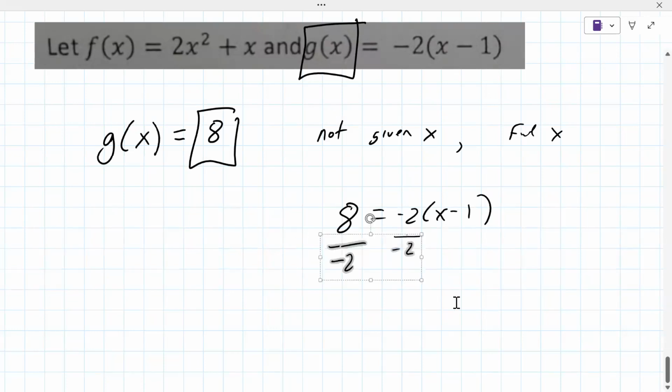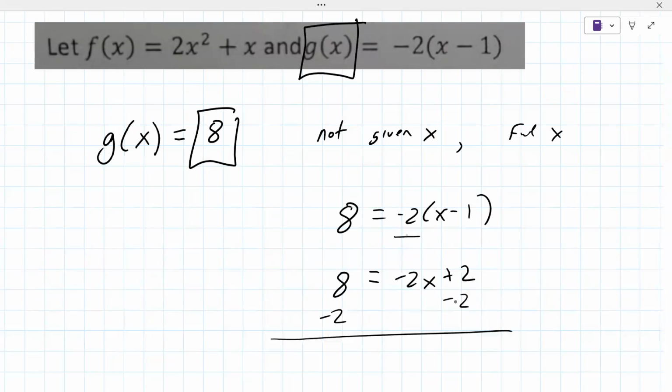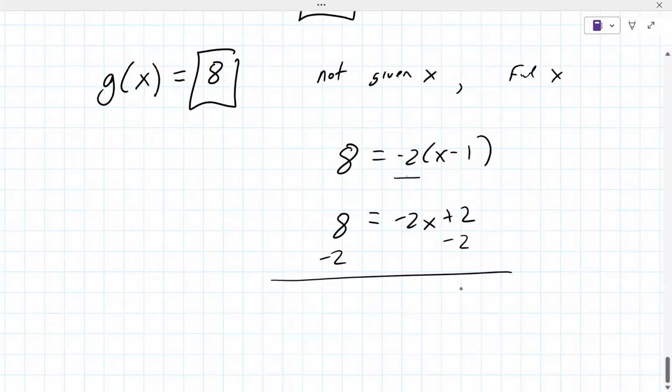Okay, let's do that then. So 8 equals -2x plus 2. Subtract 2 from both sides. It becomes 6. Divide by -2. Where are we different?